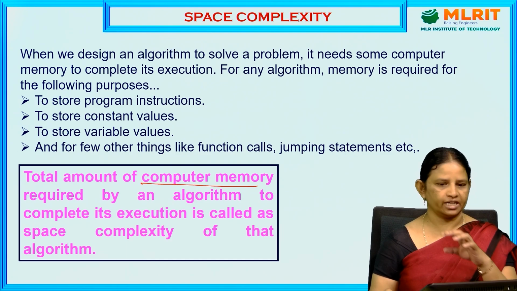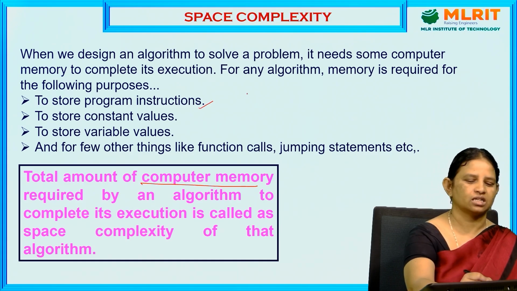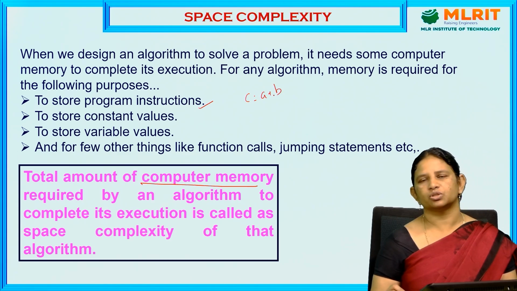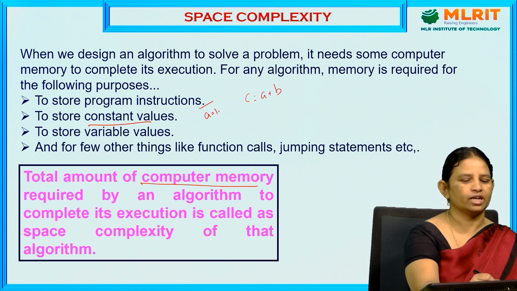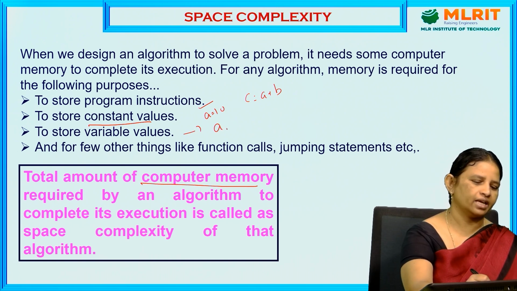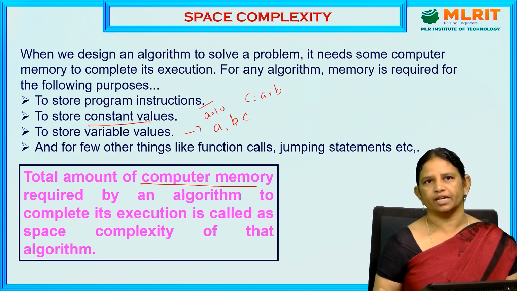What type of statements are going to require memory? We can store the instructions. C equal to A plus B is an instruction. For storing the instruction, constant values: A equal to 10 is a constant value. And also variable names: A, B, C are the variable names. For those we also require memory.